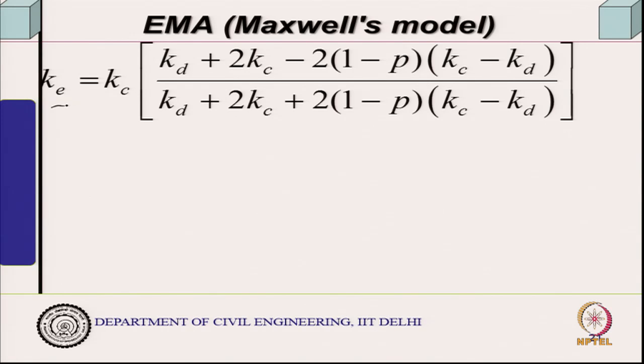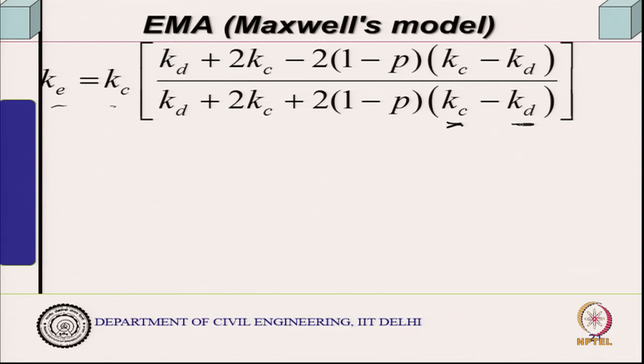So this gives you K effective equals to... There are two components here, one is a dispersed phase, another is a continuous phase. The bulk one is the continuous phase and the dispersed phase is the other material.